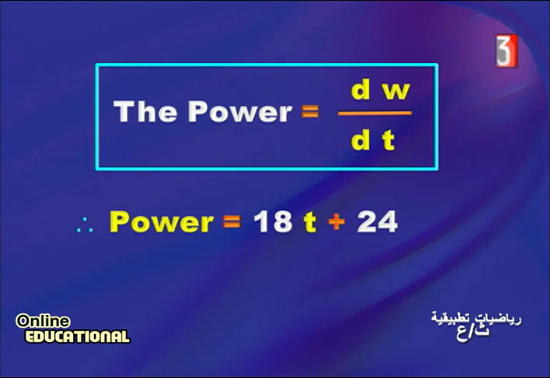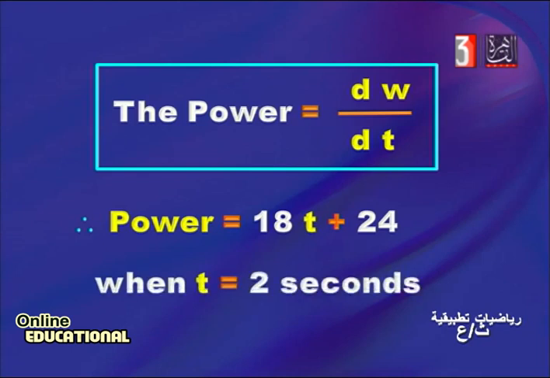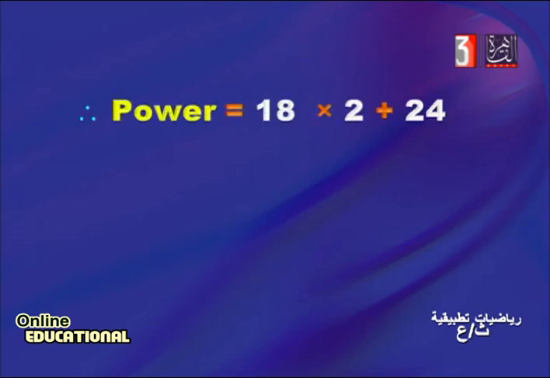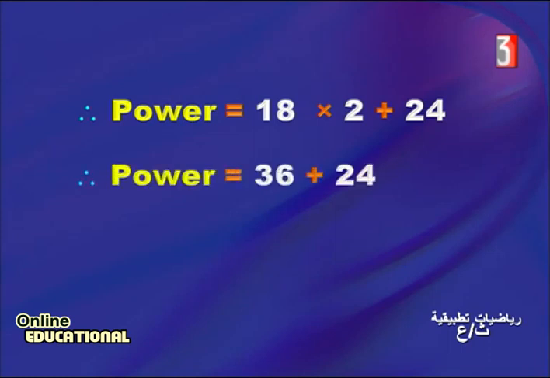What is the power when t equals 2 seconds? When t equals 2 seconds, then the power equals 18 times 2 plus 24. 18 times 2 equals 36, plus 24, then the power equals 60 joule per second.